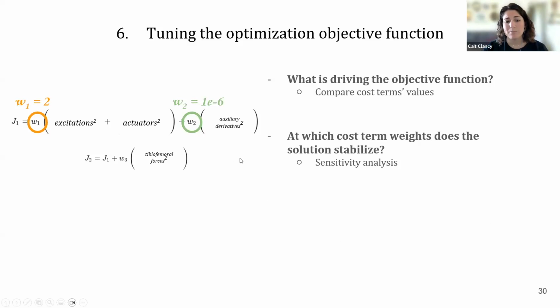So it's important to pick a weight that penalizes these tibiofemoral forces, but not so much that the muscles that cross the knee are not going to be producing any force, as well as not so little that it's not really penalizing these muscles at all. So after many iterations, we landed on a weight of 1 times 10 to the negative 3.